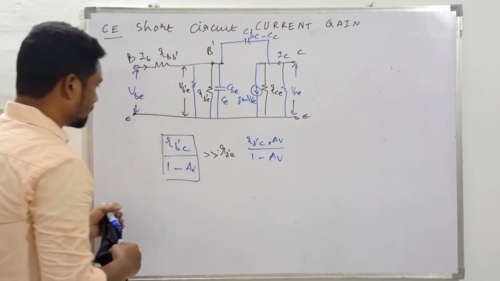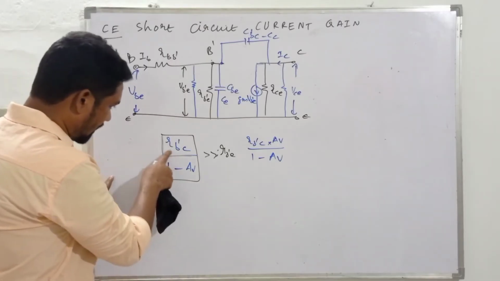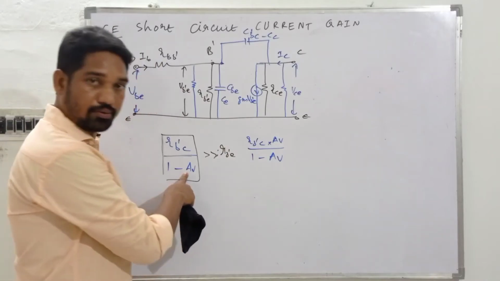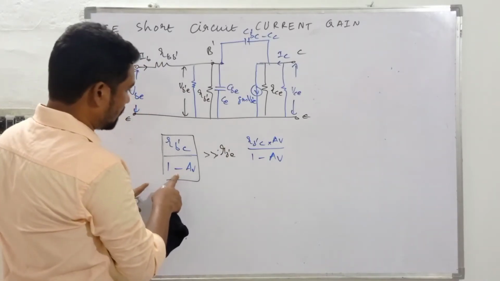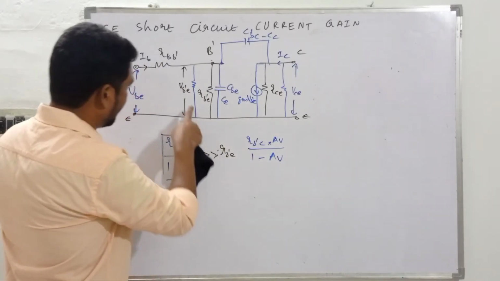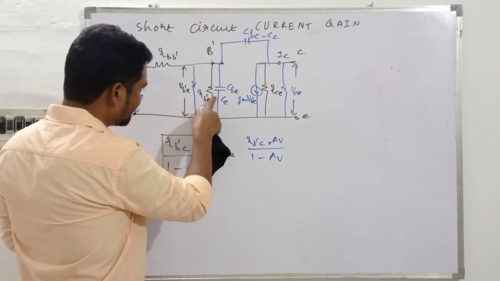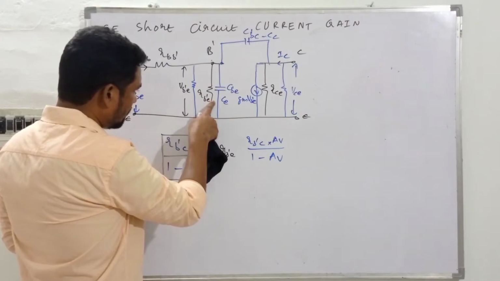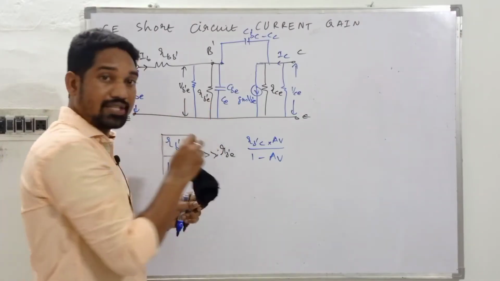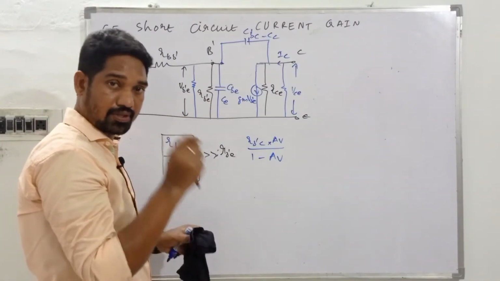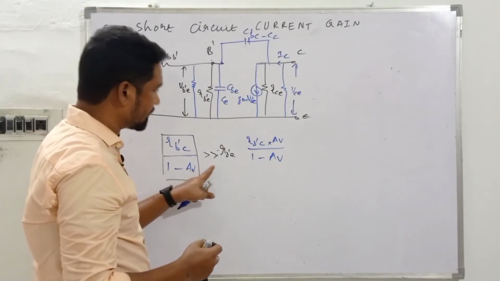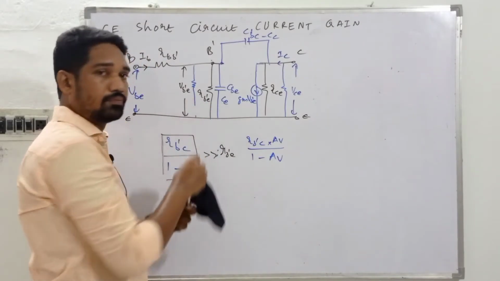So guys, I repeat, this RB'C by 1 minus AV, we can prove that in the numericals. This value is very much higher when compared to this one, and these resistances are in shunt with each other, and the resultant will be equal to the lower value. So making use of that fact, we don't need this anymore.